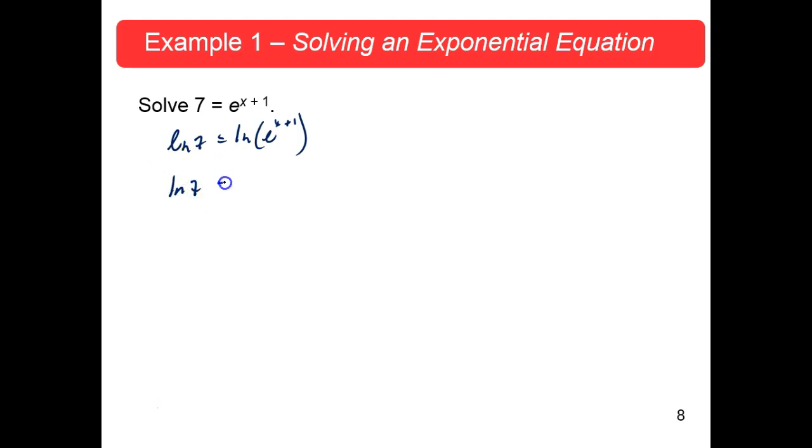Log 7 is equal to, you can then bring the exponent down front, x plus 1 times the log of e. Does anyone know what the log of e is? 1, yeah. A log undoes, yeah. So that would be 1. So log 7 is equal to x plus 1 times 1, okay? And then x is equal to log 7 minus 1, okay?